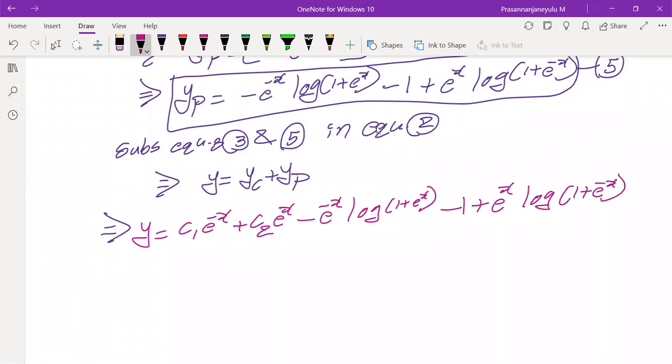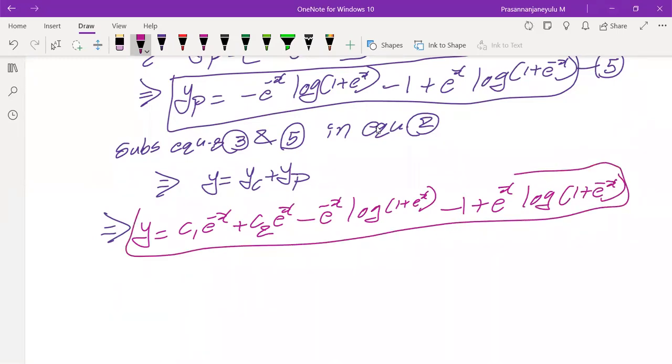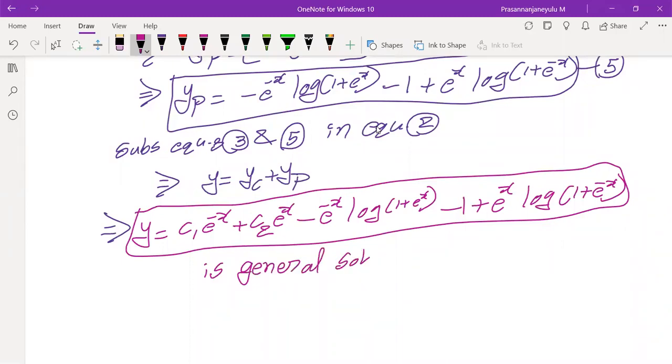So this is our general solution of the given differential equation. Putting the main points in boxes is very important. This is the general solution of the given differential equation.